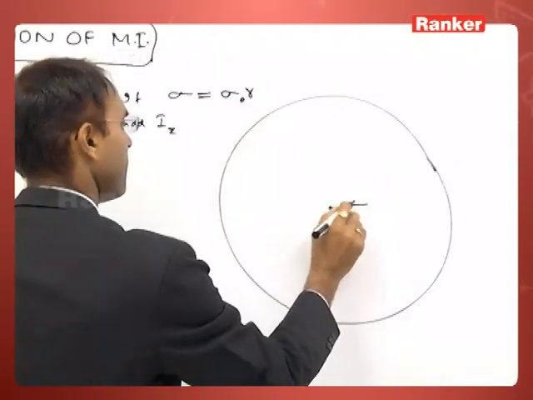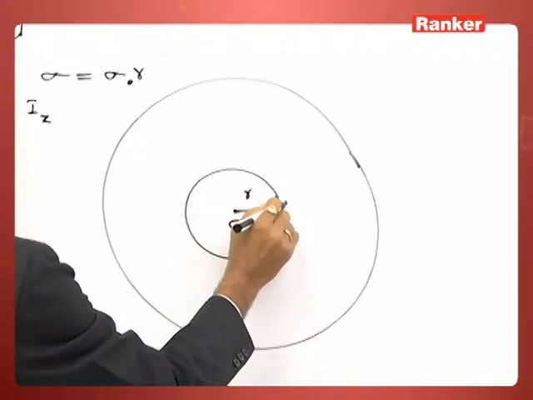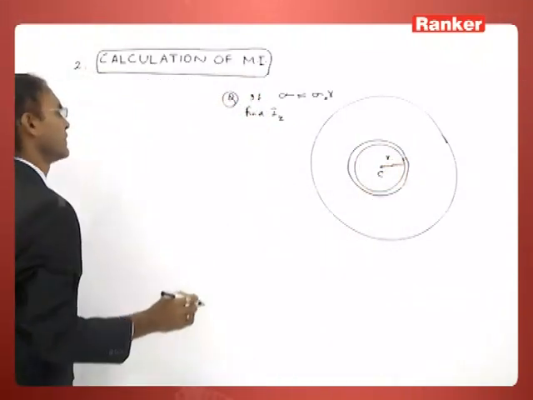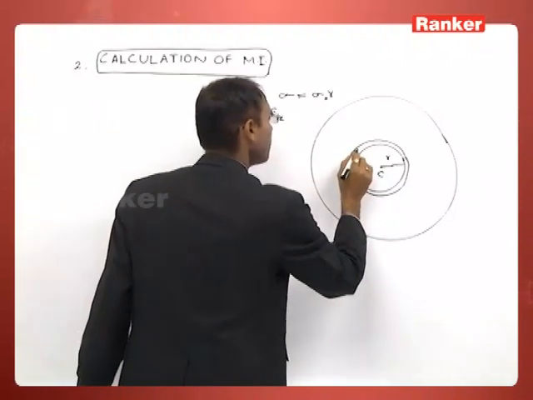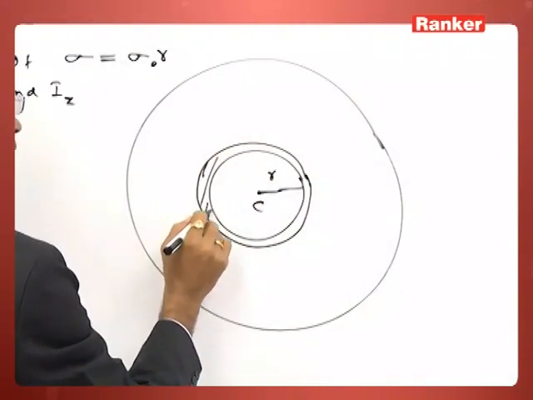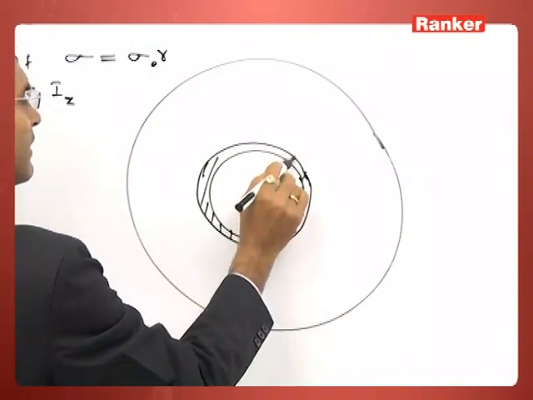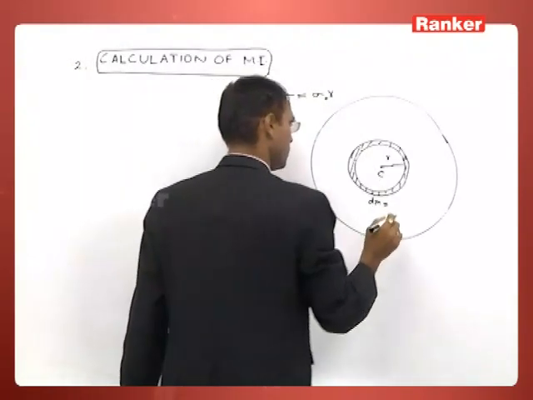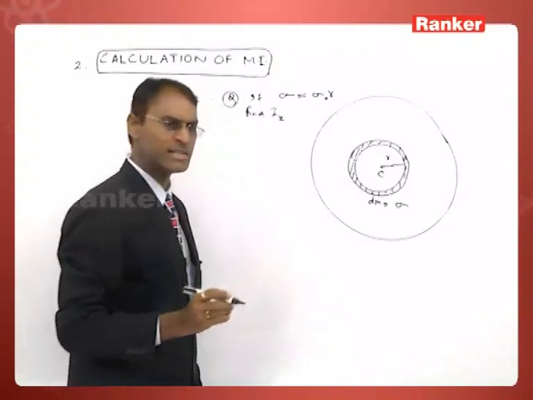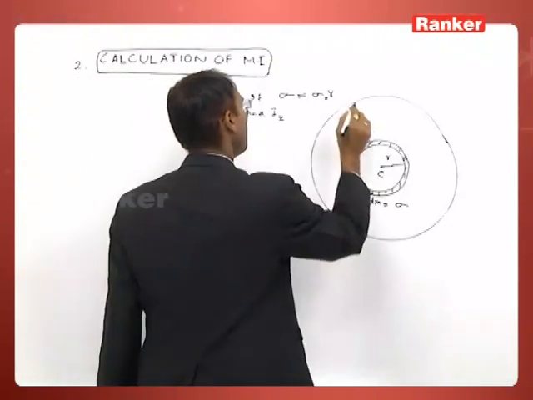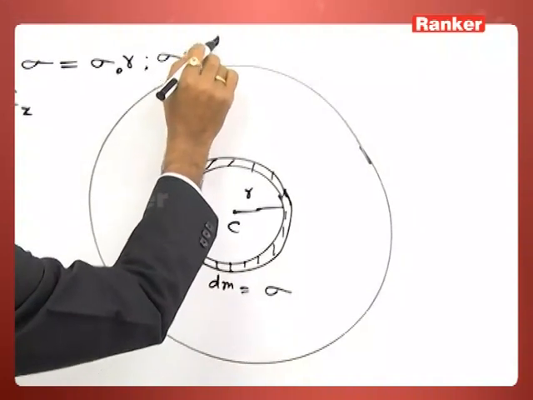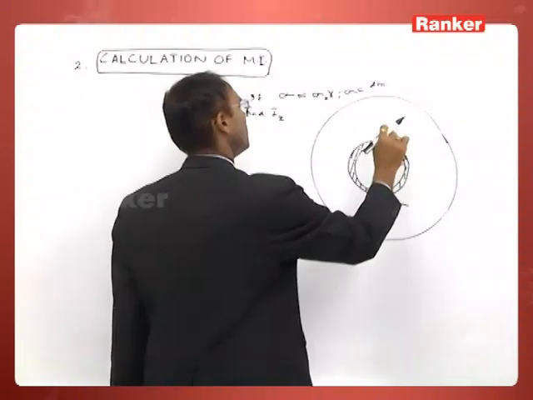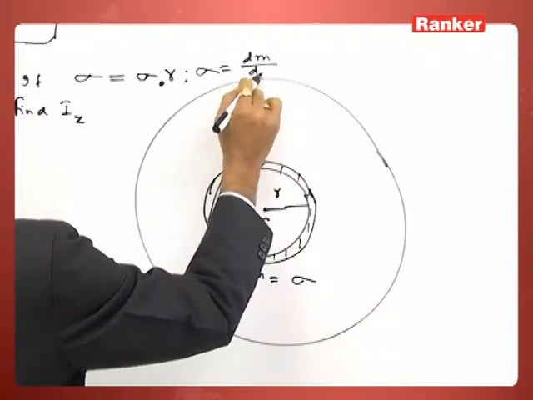So, take the ring, following the general procedure of the derivation. For this thin ring of mass dm, the surface mass density is defined as dm, the mass of an element of the disk, upon its area.